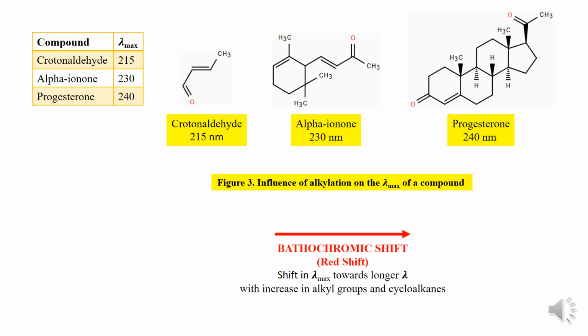So here we not only see an increase in the number of alkyl groups, but also the cycloalkyl groups. So with the increase in the number of alkyl groups on the cycloalkane rings, you can see that there is a corresponding increase in the lambda max values. So there is a shift in lambda max towards longer wavelength with increase in number of alkyl groups and cycloalkanes in the parent structure.